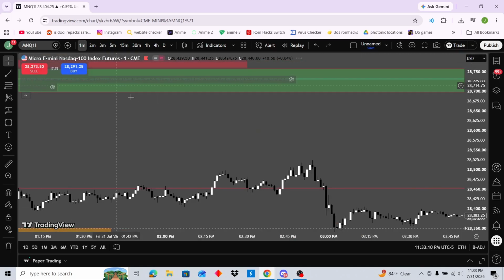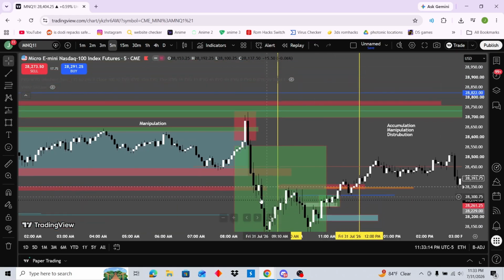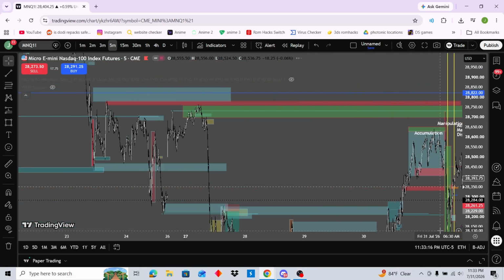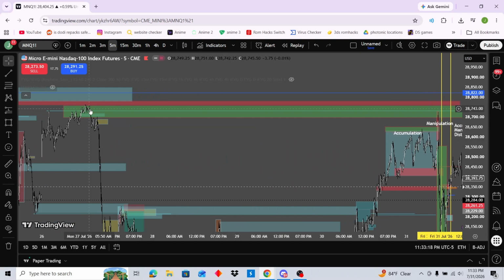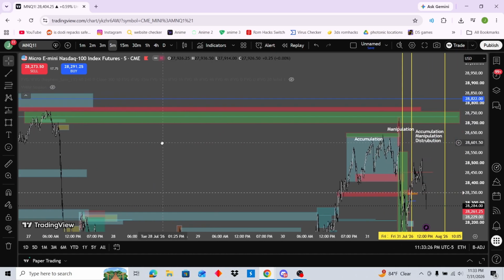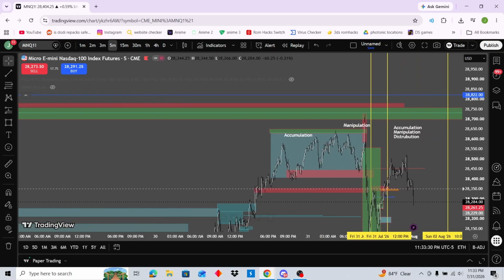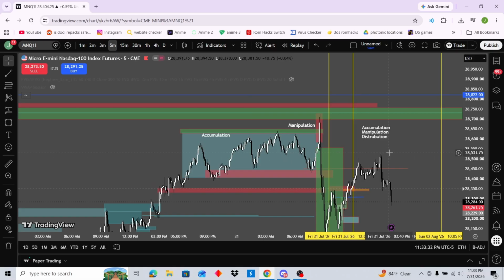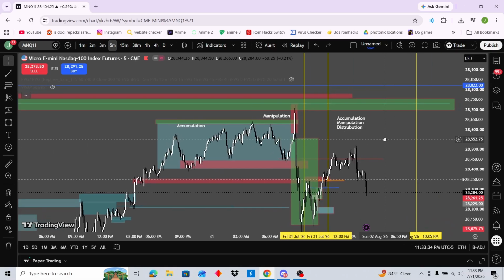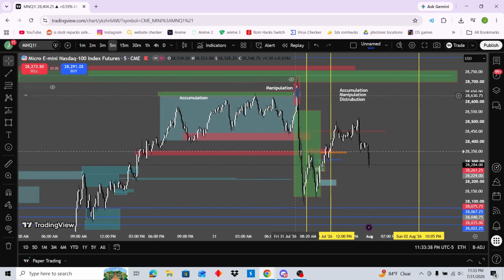And so this is a very small manipulation, but you would see that we also tapped into this green box that I had, which is this box over here, and that is because there is liquidity sitting over here. And so we tap into it, and then we're gonna pull back, or it's either gonna be a pullback and break through, or it's a complete reversal.